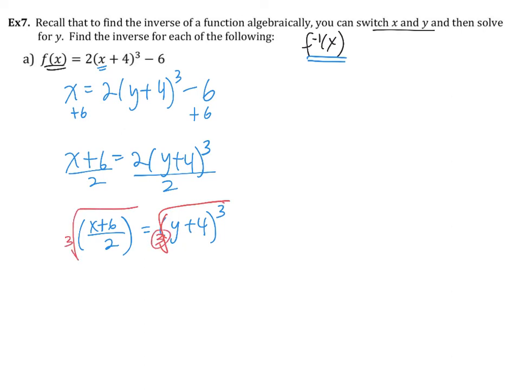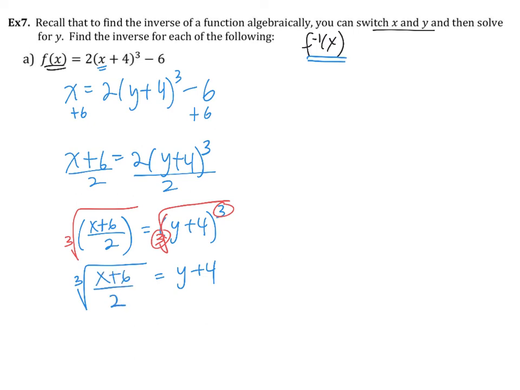Cube rooting a cube leaves y plus 4 by itself, because those two operations are inverses and undo each other, like addition and subtraction, or multiplication and division. So on my right-hand side, I have y plus 4. On my left-hand side, I have the cube root of x plus 6 divided by 2.